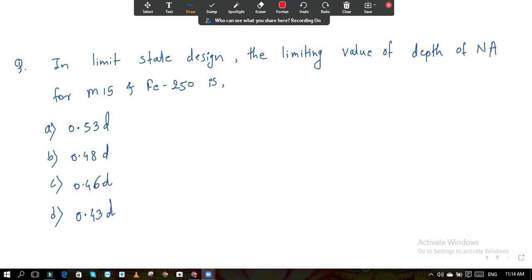Question I will read once again. In limit state design, the limiting value of depth of neutral axis for M15 concrete and Fe250 steel is, and four options are given in front of you. You need to choose the correct option.